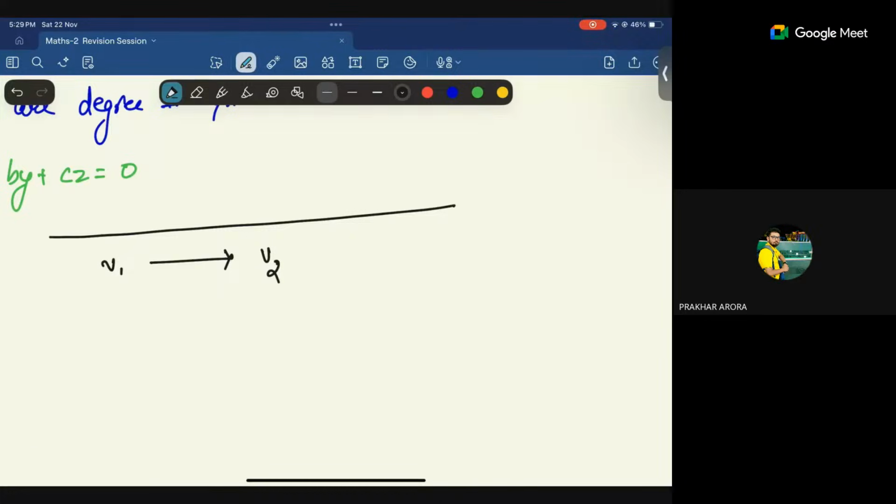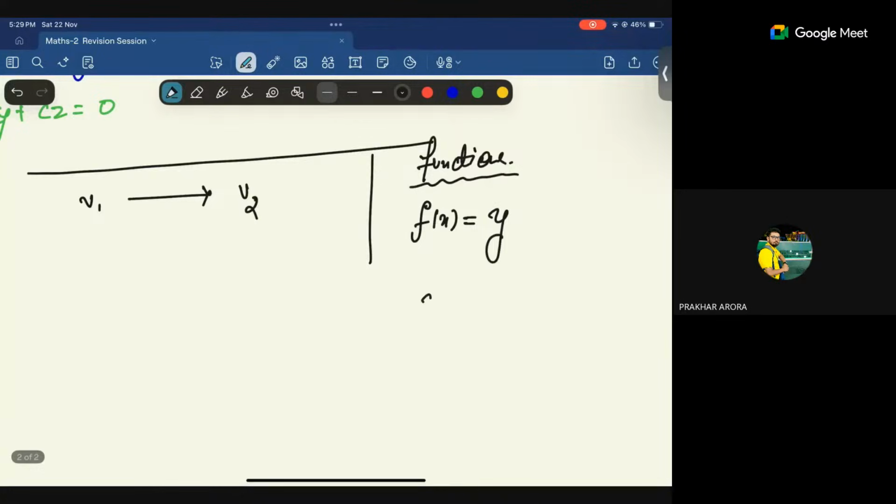Just a quick connection again: how much do you remember functions? I'm talking about functions of the type f of x equals y. If you remember this, you will be able to understand that x was getting changed into y.